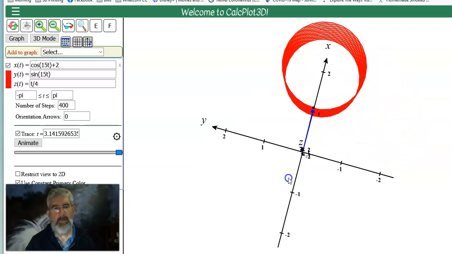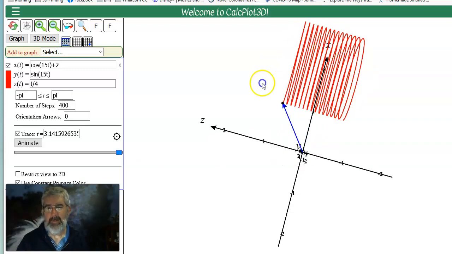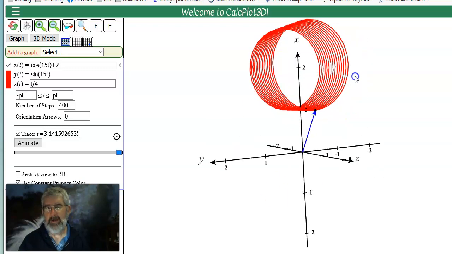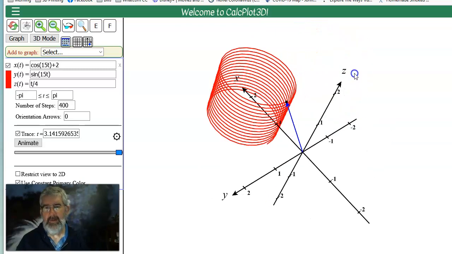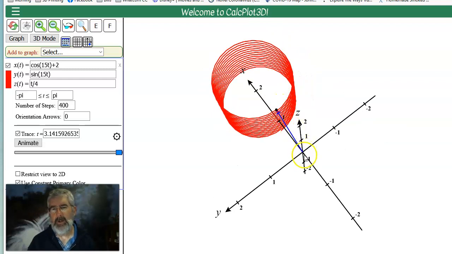Now, what I want to try to do is turn this, like spin it around the y-axis here. So x and z are going to form a circle where the radius of the circle will be however far it is out to that thing. So I want to think of this now, the x coordinate, as being the radius of a circle.